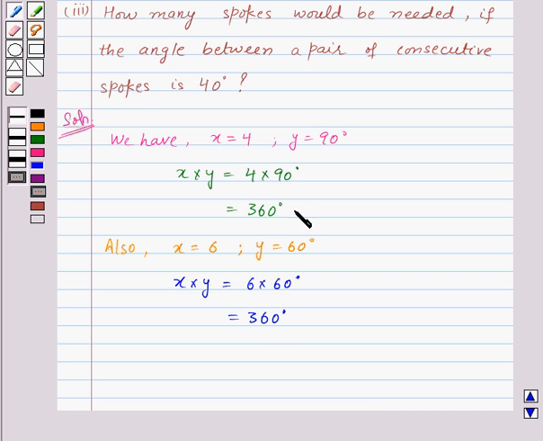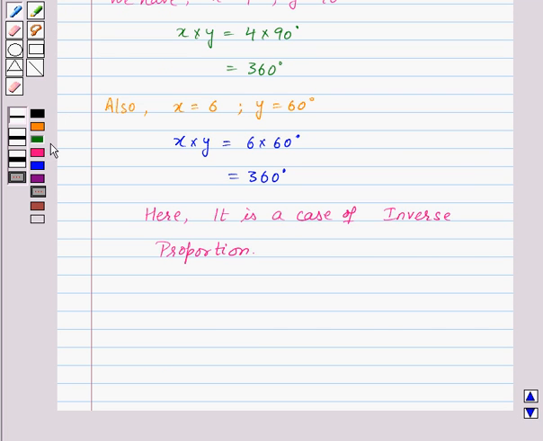Now here the value of x into y remains the same, that is 360 degrees. That means here it is a case of inverse proportion. This implies the value of k is equal to 360 degrees.